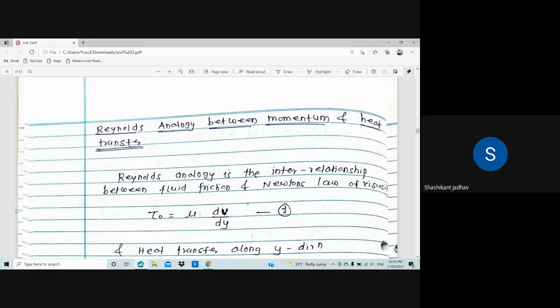So already we know these equations, that is Newton's law of viscosity, then what is the relation for the heat transfer.